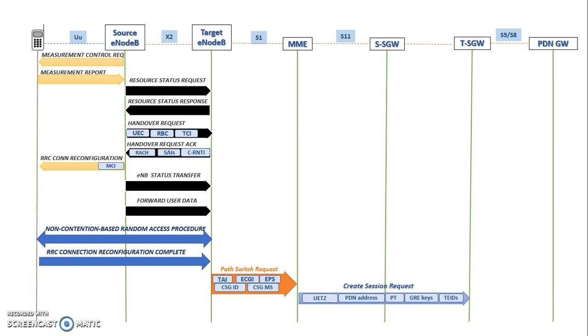The MME forwards a create session request, which contains TEID, GRE keys, eNode B address, the protocol type, UE time zone, serving network, and user location information if requested by the PDN gateway, to the target serving gateway. Also, the user CSG information needs to be included in the message if the PDN gateway requested it.